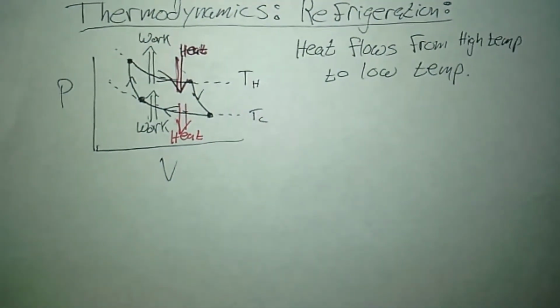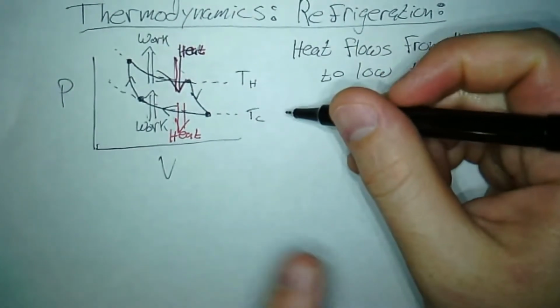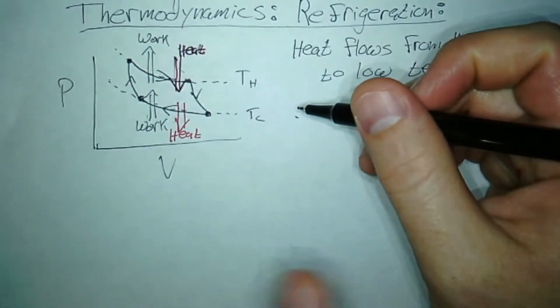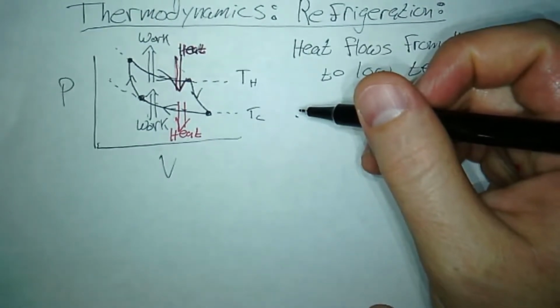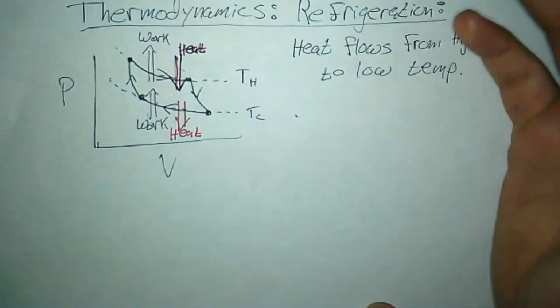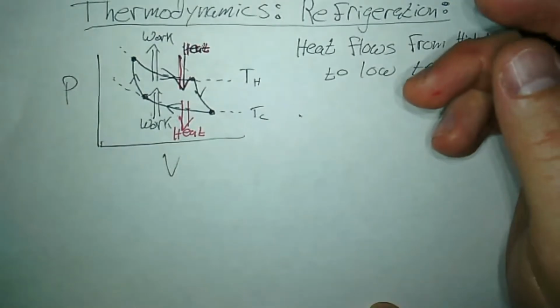Now, for a refrigerator, which is what we said we're talking about today, we want heat to flow in from your cold reservoir, because my refrigerator is colder than the rest of my house. So I want to be taking heat out of the refrigerator and pumping it into the house.